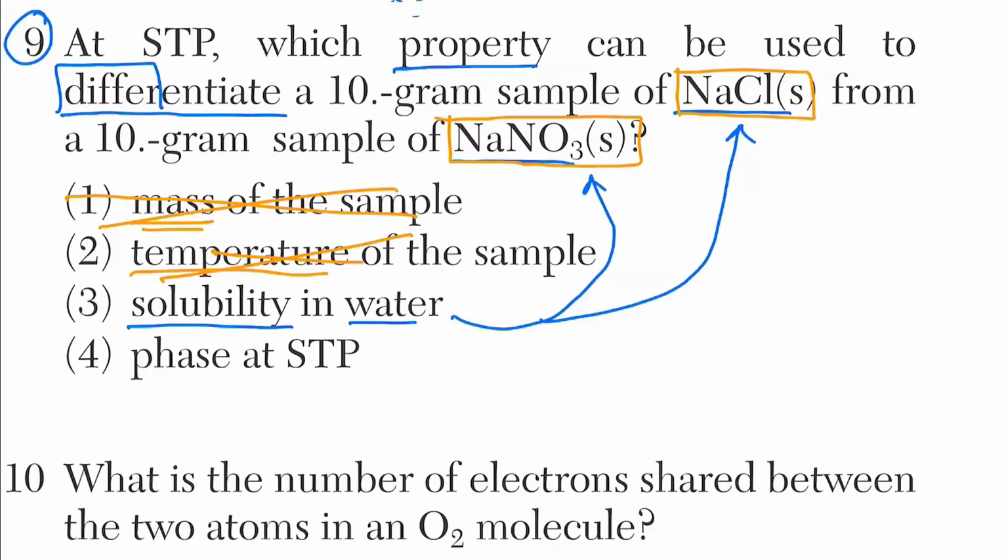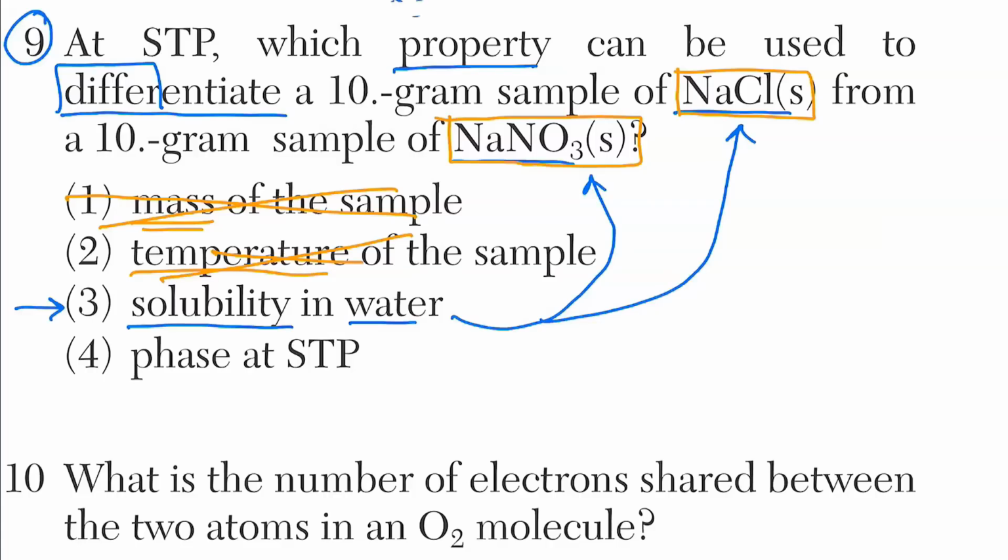Okay, so that is definitely going to be your answer. Solubility is a property. It's an intensive physical property, and you don't need those fancy words, but intensive physical properties are properties that depend upon the identity, like density. If you had the density of these samples, you could identify them. If you knew their melting points and boiling points and you actually melted them and took the temperature, you can identify them.